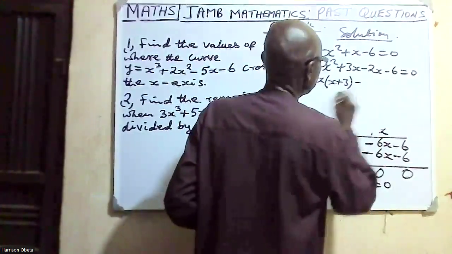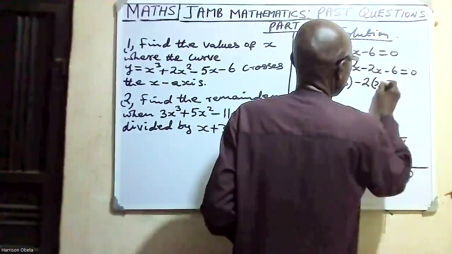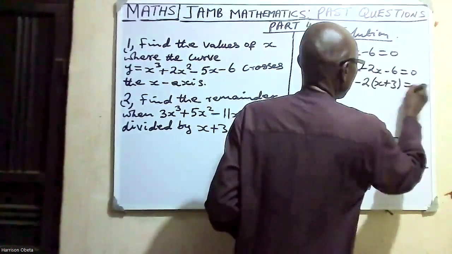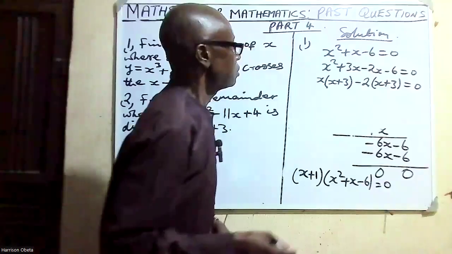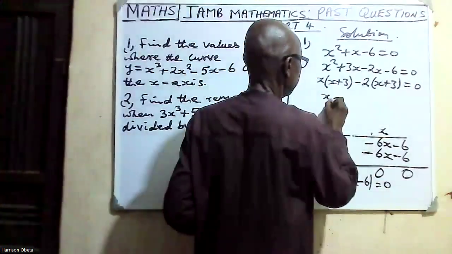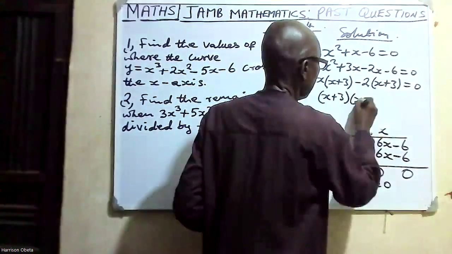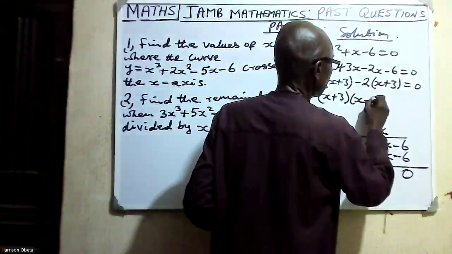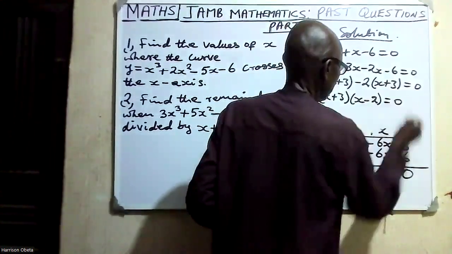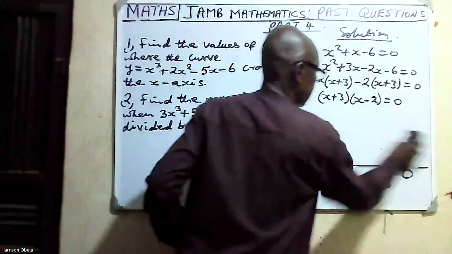Here, minus, what is common here is 2, x plus 3 equal to 0. So, bringing everything together, we have x plus 3 into x minus 2 equal to 0.